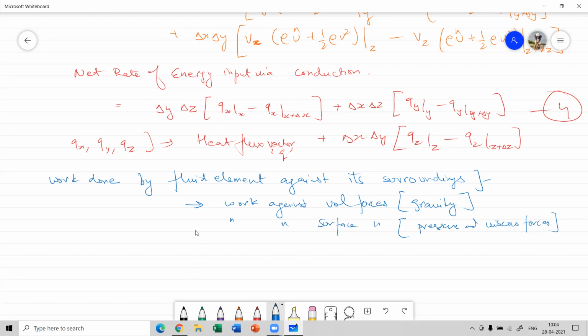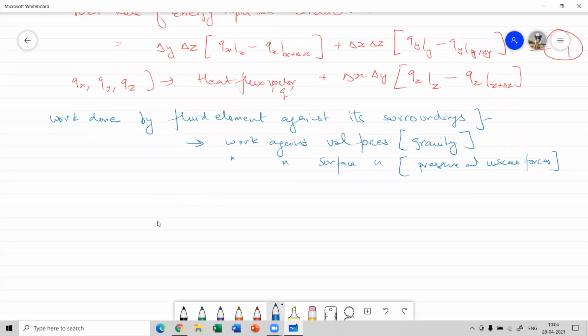So if we designate work, normally work we always represent as force into the displacement or the distance in the direction of the force.